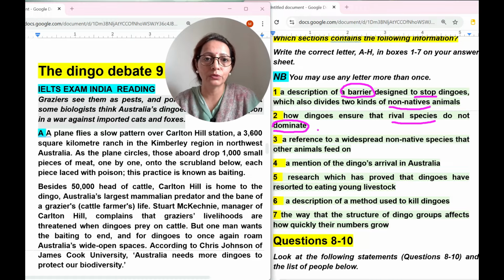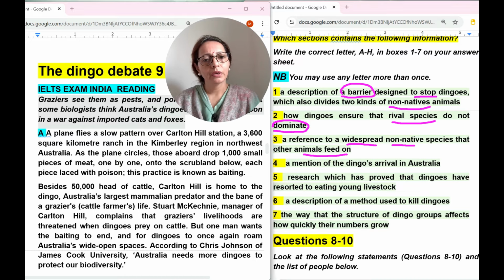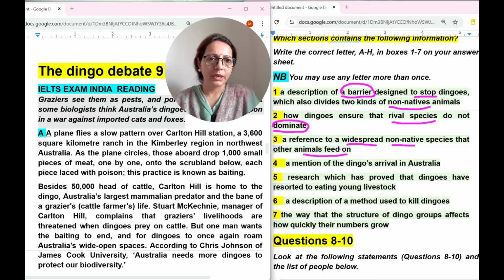Then: a reference to a widespread non-native species that other animals feed on. Widespread means too much population. And: a mention of the dingo's arrival in Australia.